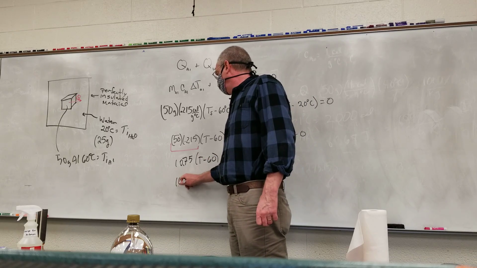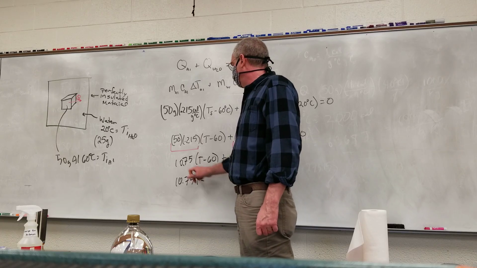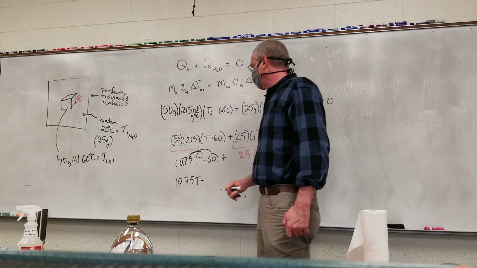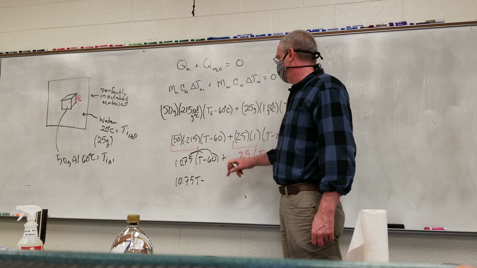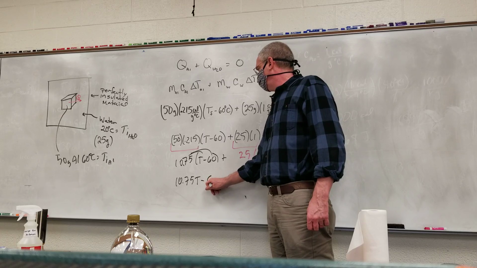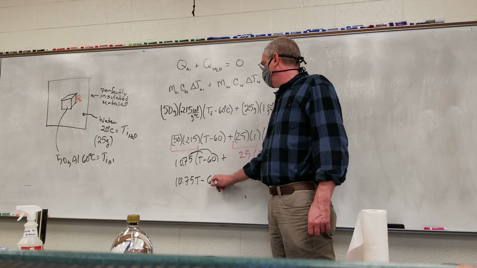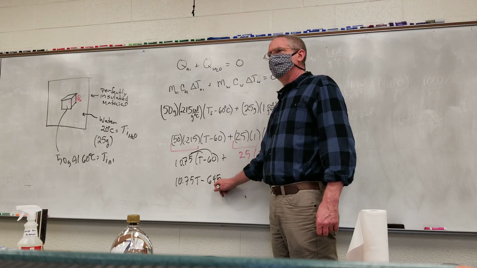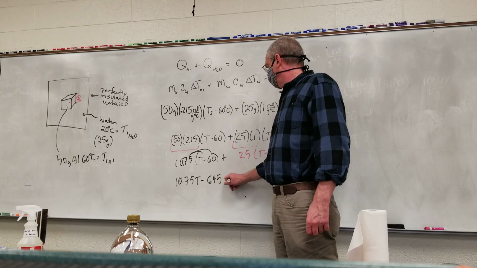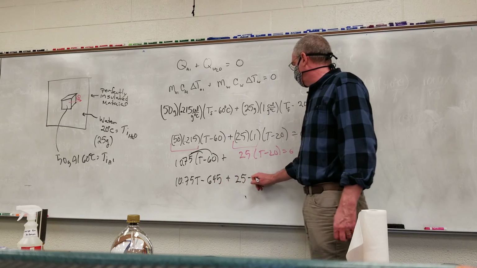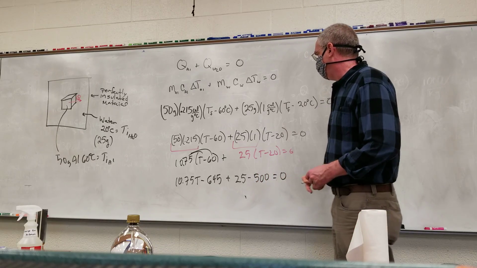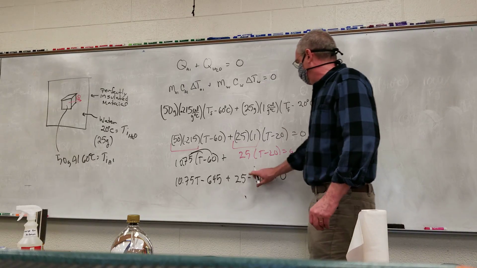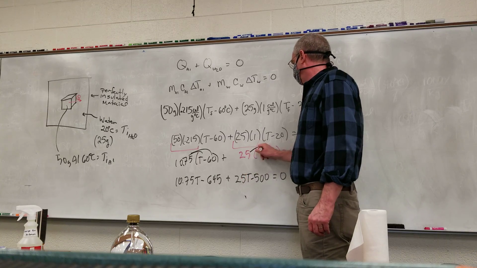So I have 10.75 T minus whatever that is times 60. $645. Okay. Plus 25 minus 500. Oh, 25T. Lost. Distributing.